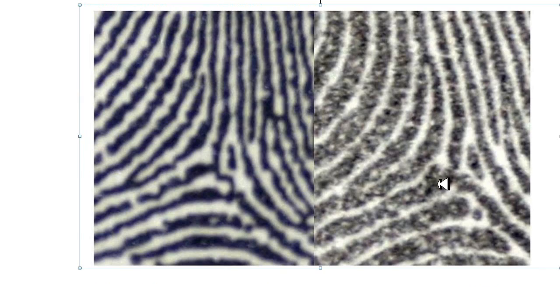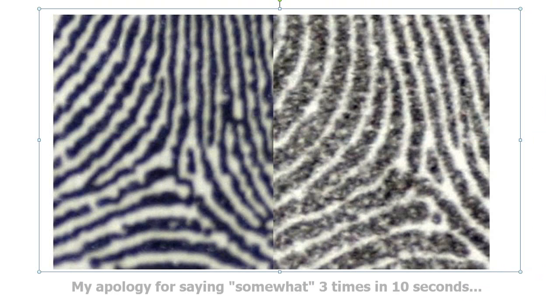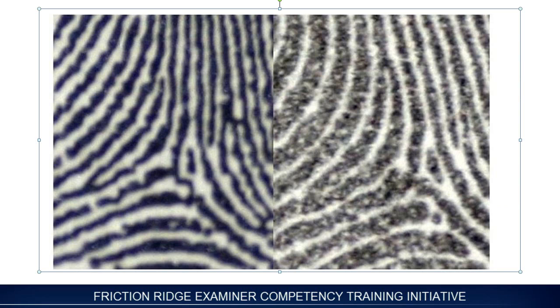I'm going to go ahead and enlarge this somewhat. It's somewhat pixelated and smeared, or it's just overprinted. But anyway, we have two areas of presumably the same print, or two different prints, the same area.